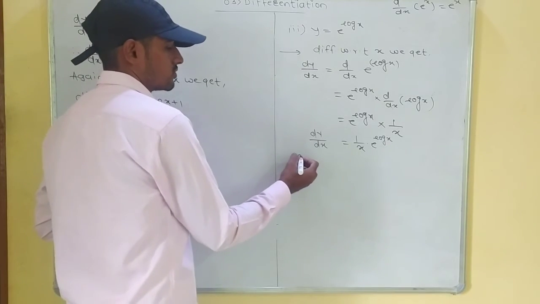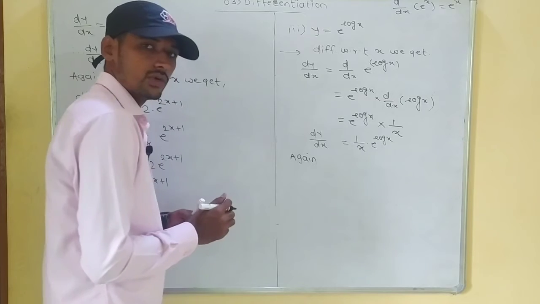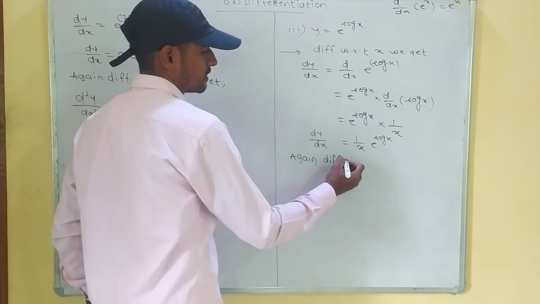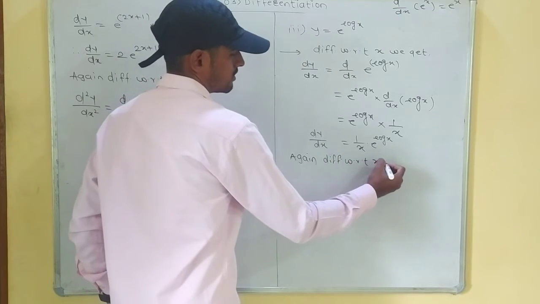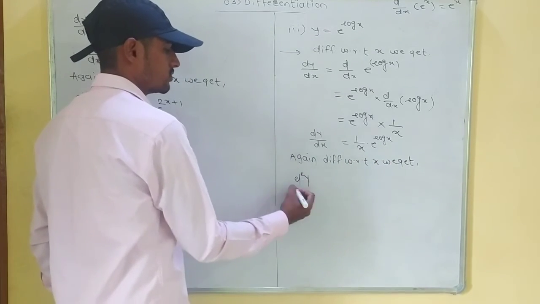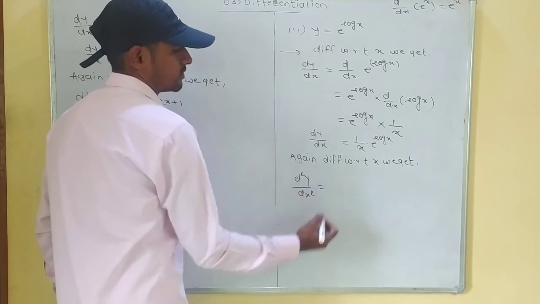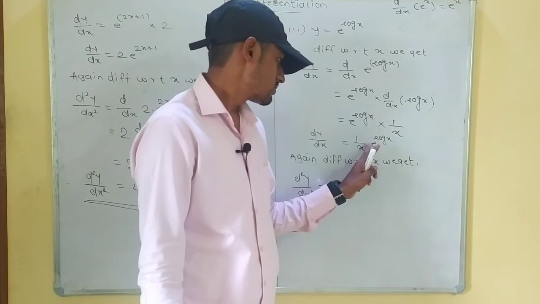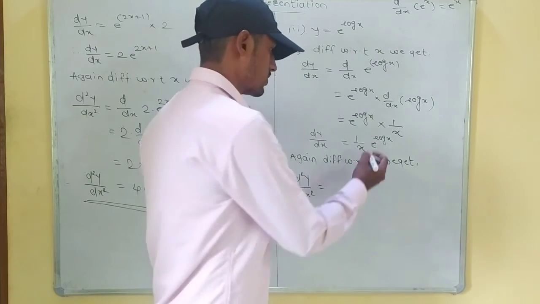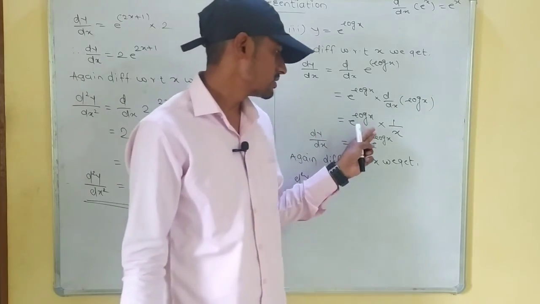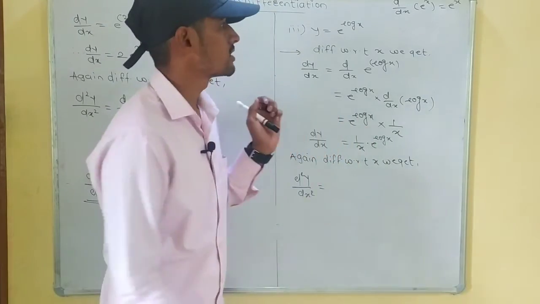Now we are going to calculate the double derivative, which means again differentiate with respect to x. So the second order derivative is d2y by dx square, and which is equal to, now in this function there are two functions, right? First one is 1 upon x and second one is e to the power log x.